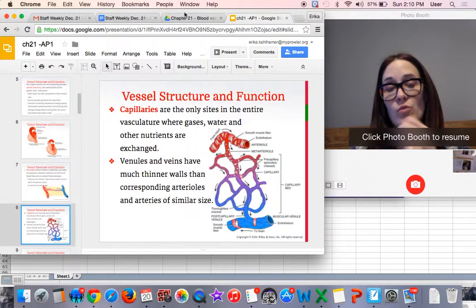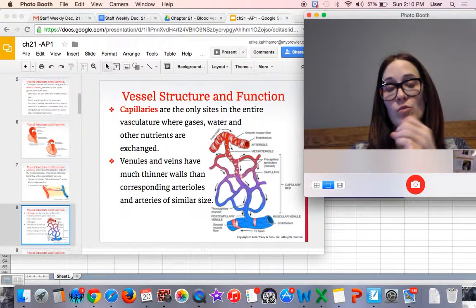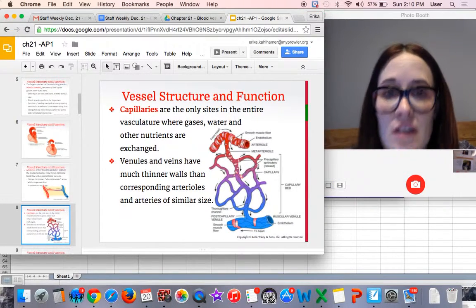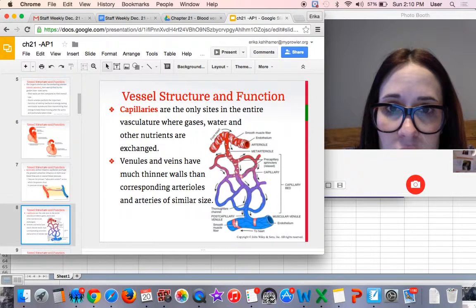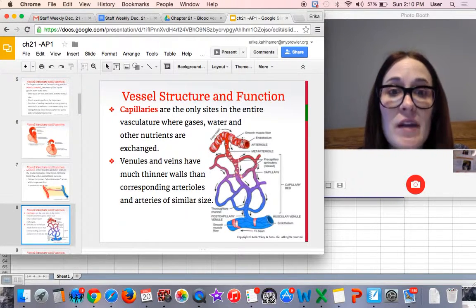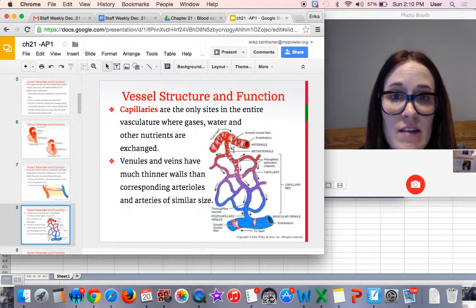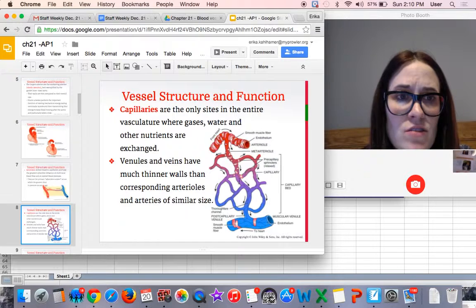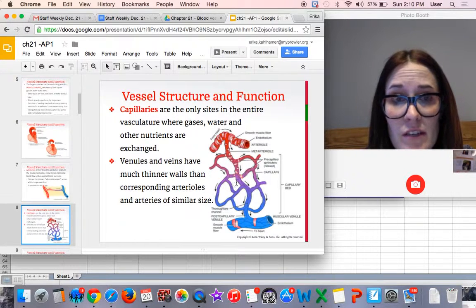So blood is now in the capillaries, and this is where gases, water, and other nutrients are exchanged. Also notice here is an arteriole. You can see the intermittent muscle. It doesn't cover the entire thing. And look at the capillaries. Absolutely no muscle layer in the capillaries.